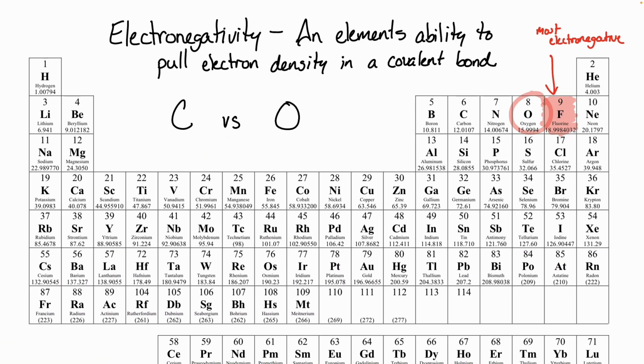The closer an element is to fluorine, the more electronegative it is, the better at tug of war that it is. So just by proximity to fluorine, I can say that this one is more electronegative and this one is less electronegative.